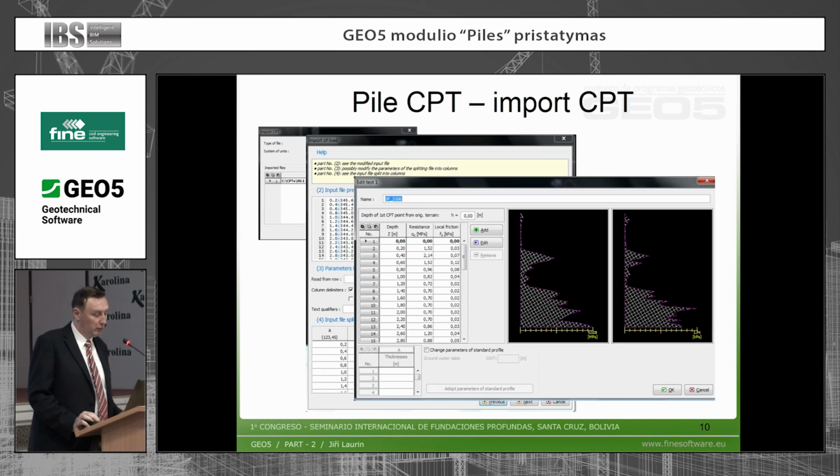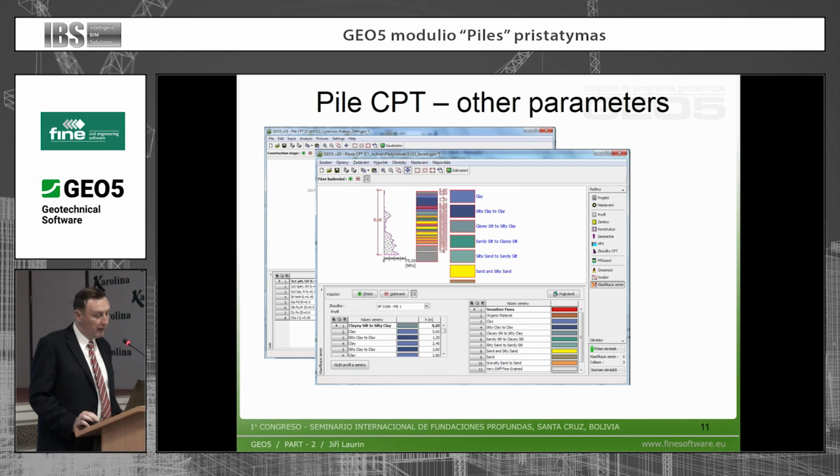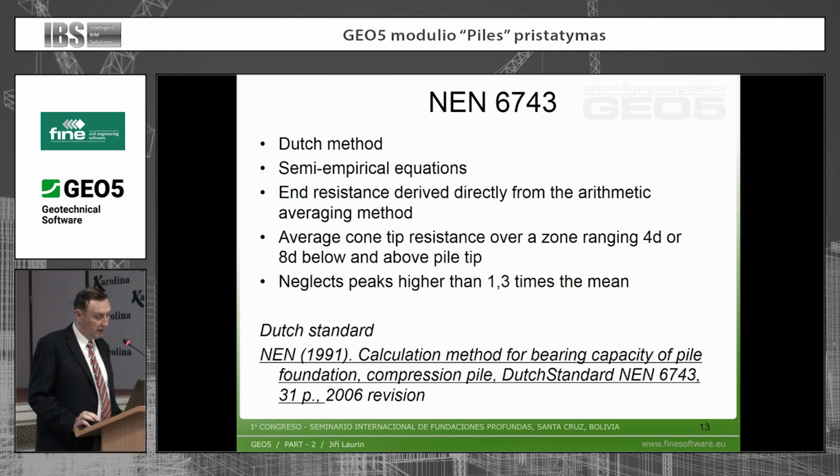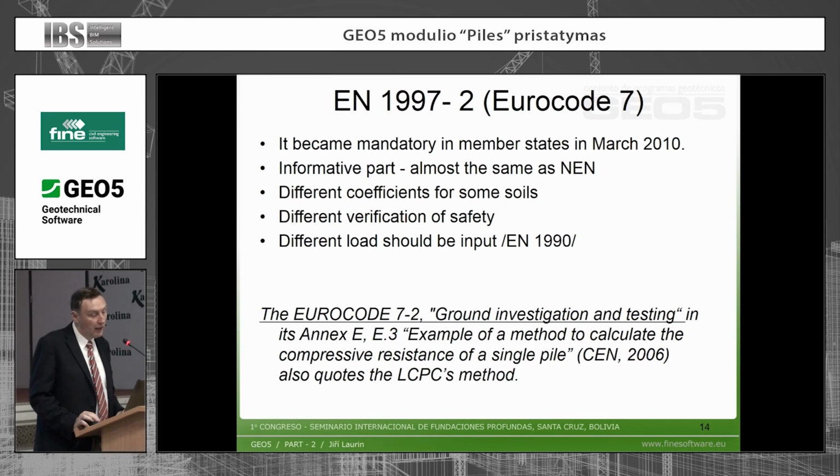I'll skip this very fast. Pile CPT, how it works. In Pile CPT we have several methods, as mentioned, 6743. The Dutch method, I would say by test of time, works in the Netherlands for about 20-30 years and is computed very much. In fact, Eurocode 1997 part 2 took the Dutch standard the same way as it is.